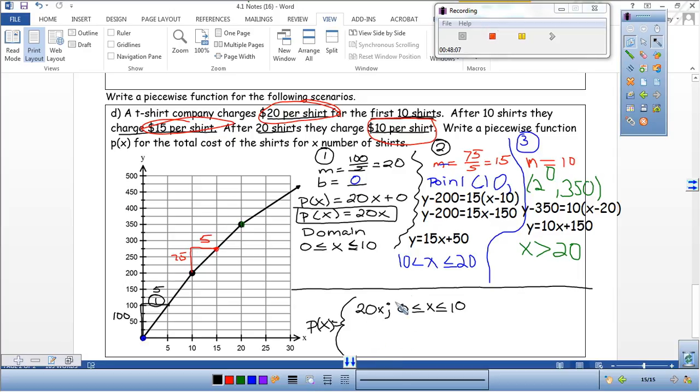Any questions over that? Okay, we'll move to the next one. The equation is 15x plus 50, so we're going to put right underneath it 15x plus 50. And then your domain is 10 is less than x is less than or equal to 20.